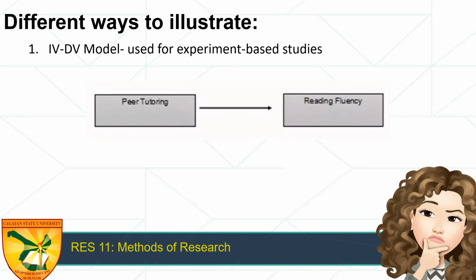So in this example, your peer tutoring is your independent variable and your dependent variable is your reading fluency. And this research paradigm shows that in your study, you want to see the effect of peer tutoring on the reading fluency of your respondents.